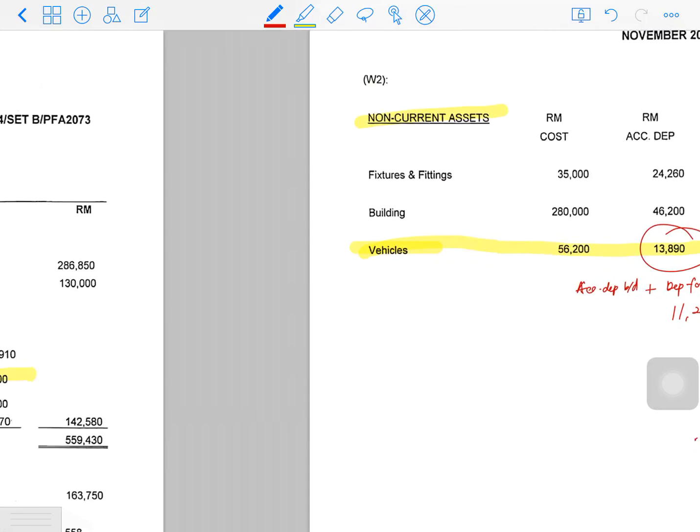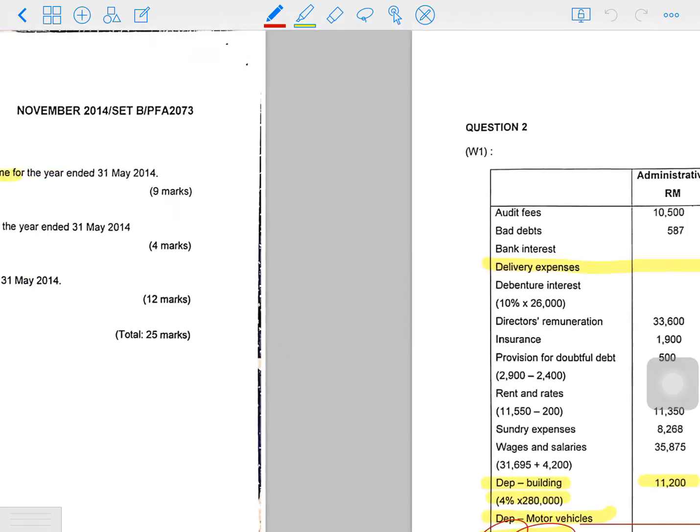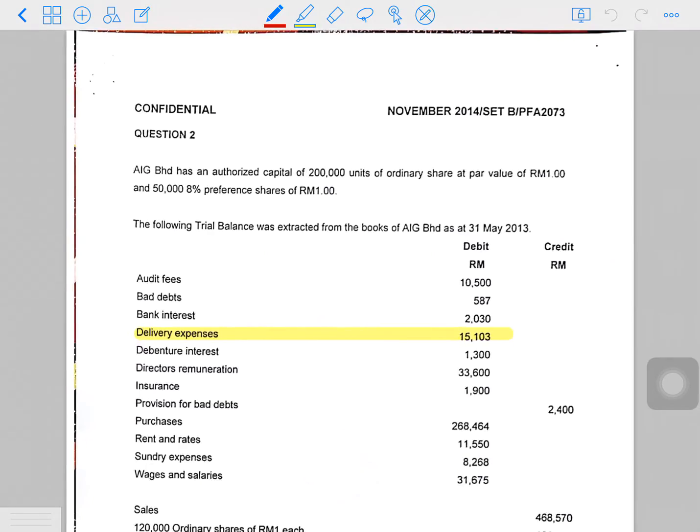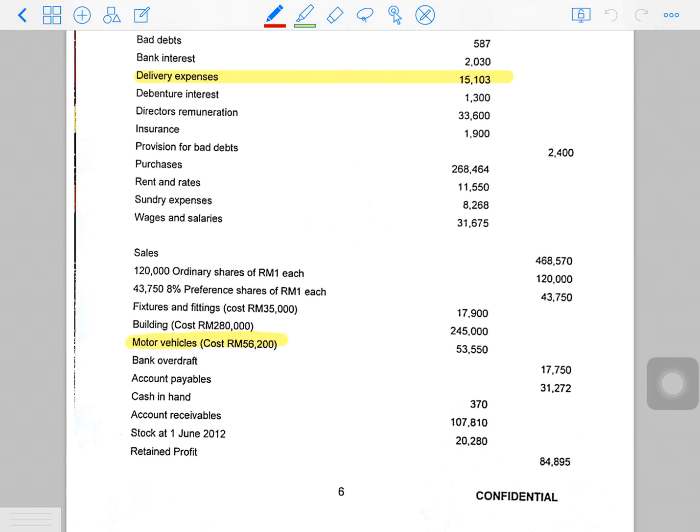And then accumulated depreciation brought down from trial balance. If you look there, it doesn't give it, it only gives the net book value. This amount is actually net book value.